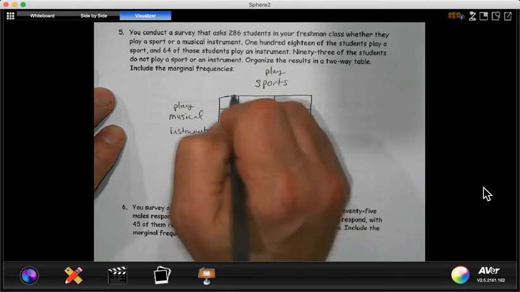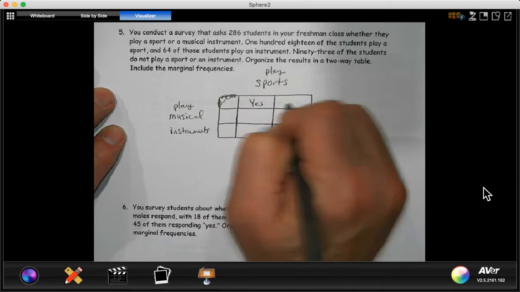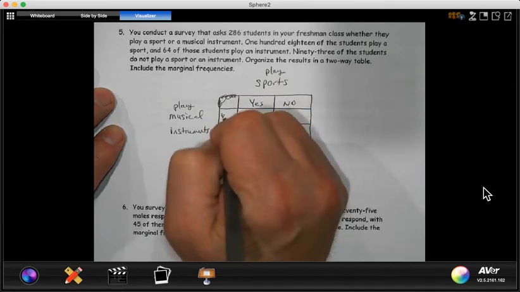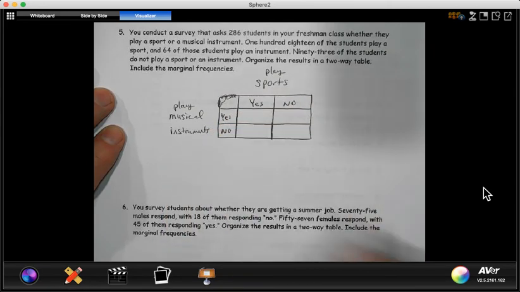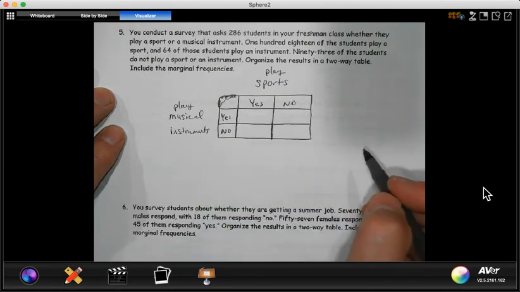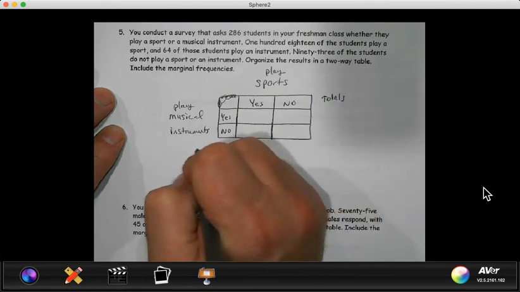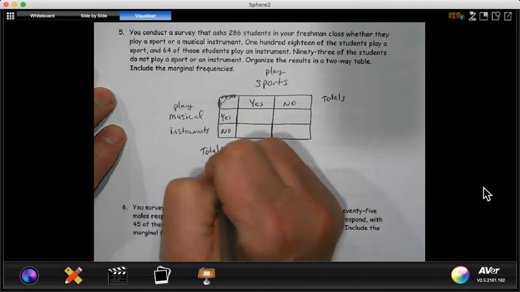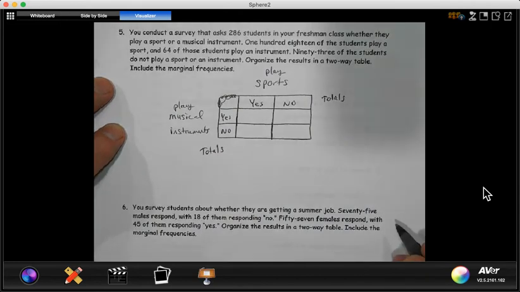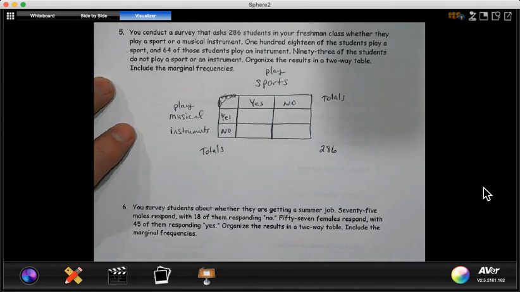So I don't think I need this little part right there. So I've got yes, play, no, yes, no. So maybe it's easier to do my two-way and then add in the bumpers on the sides. All right, got our totals. I'm on the struggle bus for making what it looks like. So you conduct a survey that asks 286 students in your freshman class. So the total is 286. So everything's got to add to 286.